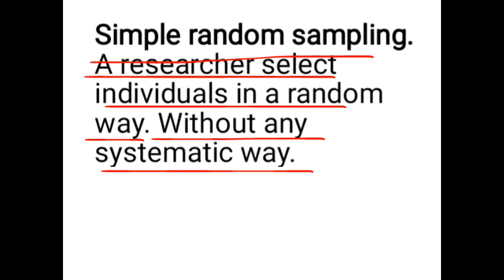Remember, other types of probability sampling are done randomly but in a certain systematic way. But under simple random sampling, the selection is done randomly without any systematic way. A researcher just selects individuals to be included in a sample without using any systematic way.